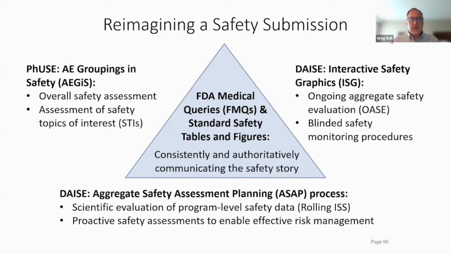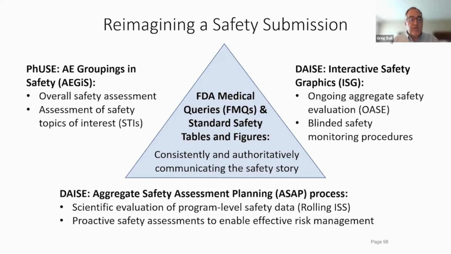So here's the ecosystem. We have now FDA medical queries and standard safety tables and figures, helping us to consistently and authoritatively communicate the safety story. Leading up to that, we have the aggregate safety assessment planning process, where we plan and coordinate all of the aggregate reviews of safety data focused on these safety topics of interest defined by FMQs.